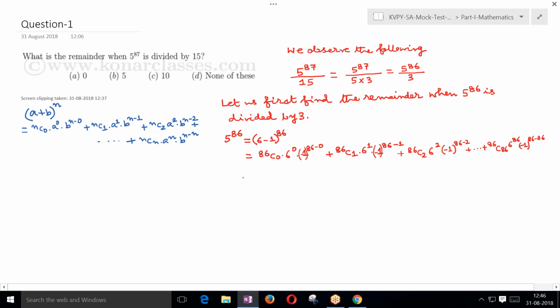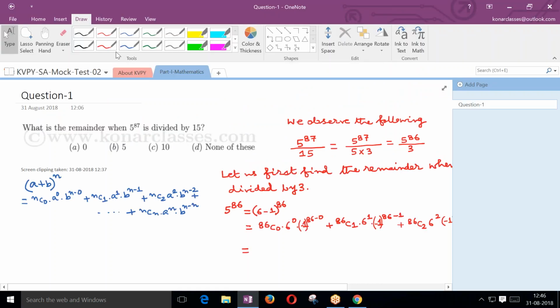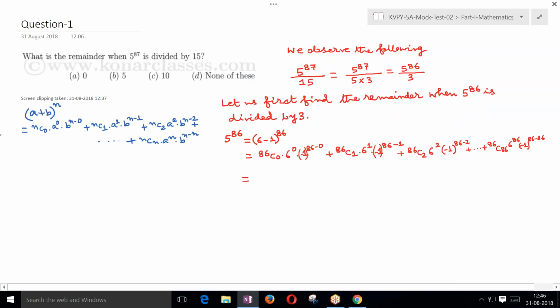If you look at this, I hope you are all aware of the fundamental theorem from permutations and combinations. What is nCr? nCr is equal to n factorial divided by r factorial into n minus r factorial.